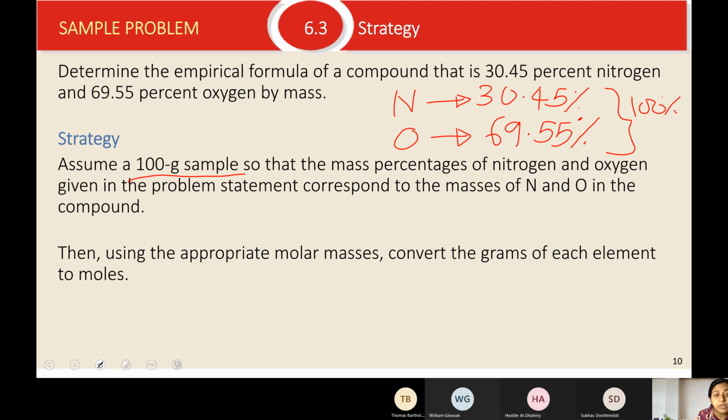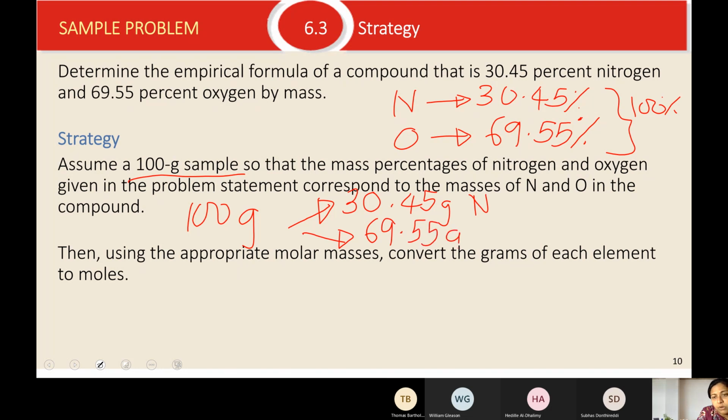So we assume there is 100 grams of sample and we have 30.45 grams of nitrogen and we have 69.55 grams of oxygen in the sample. That is the first assumption that we'll make.